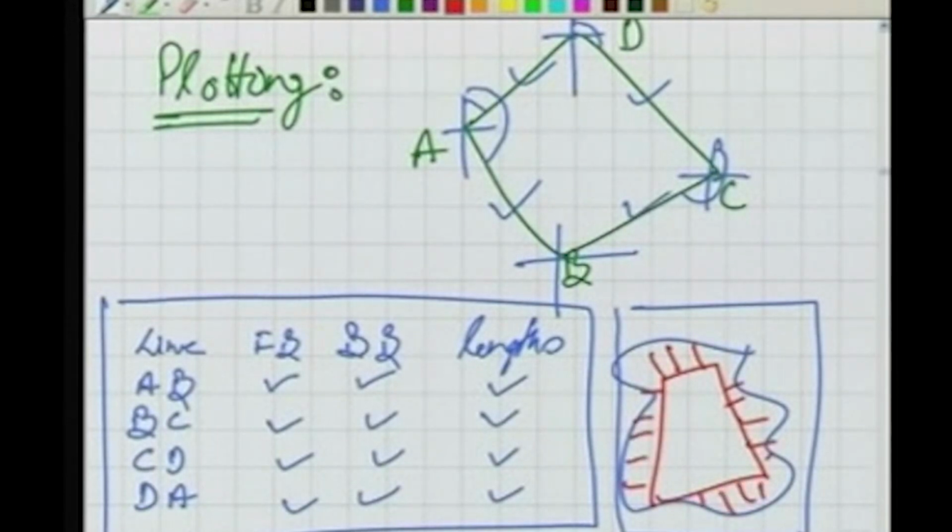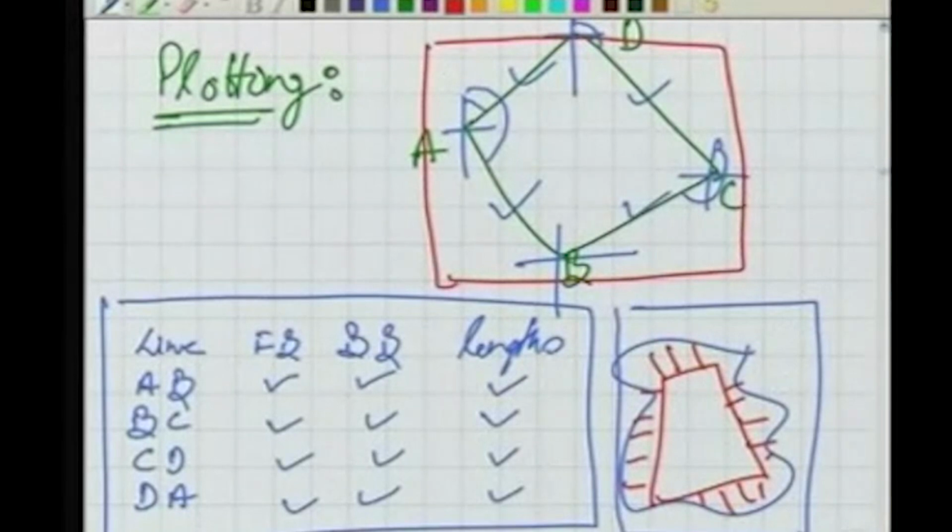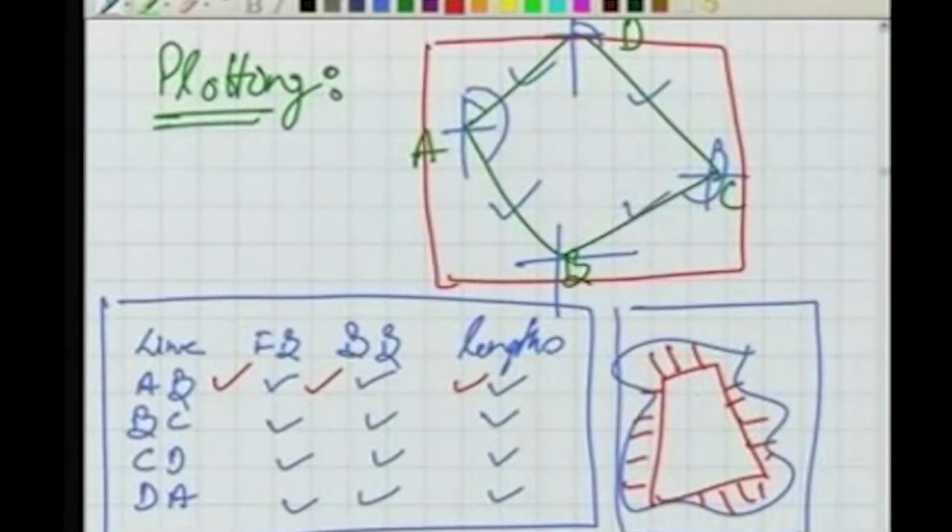Right now we are more concerned only about the traverse, because we already know how to take offsets and make use of them. Right now we are concerned about the skeleton of the area, the traverse which we are doing there. So for the traverse, all these will be the observations.